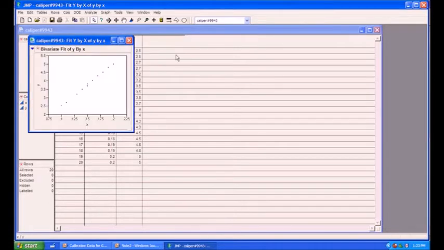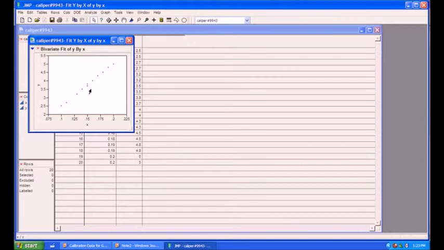And if I tell JMP to go, it takes that data set and produces this picture. Now it's a pretty straight line picture, as one would hope and one would expect, and it's only these 2 points here where I got different values of y for a given x input.